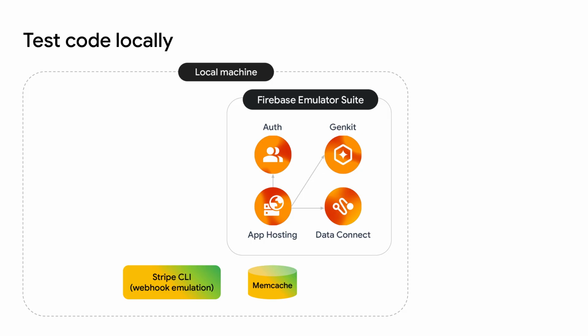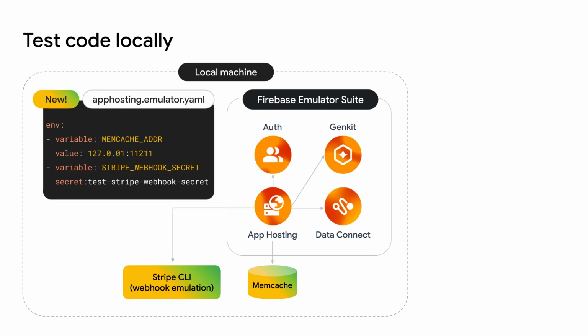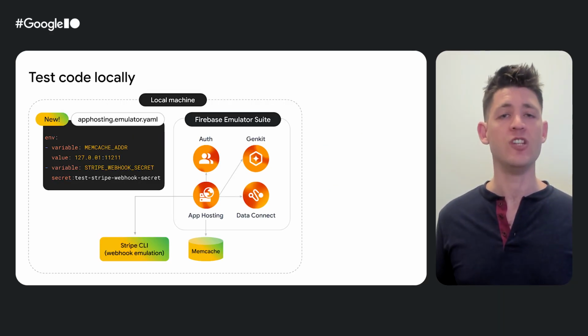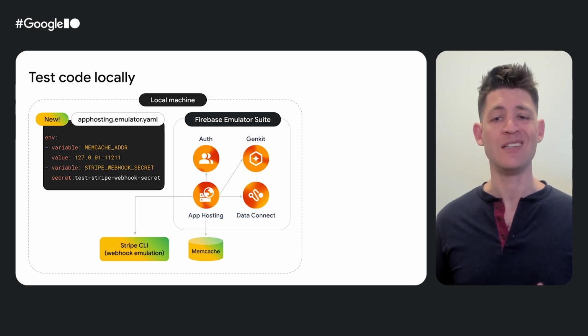For their Stripe connections, they can create a sandbox and use the Stripe CLI to simulate webhooks. We can configure the app hosting emulator to talk to our local instances of Memcache and receive callbacks from the Stripe CLI instead of production. We'll use the production Gemini and Vertex API keys since they're read-only APIs.